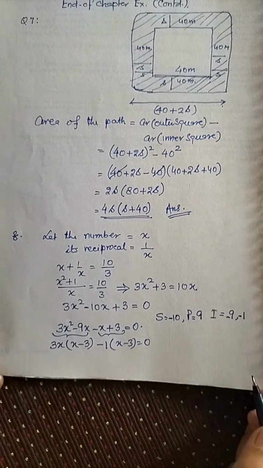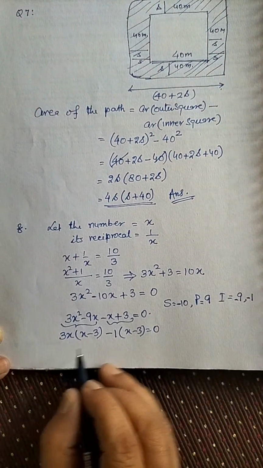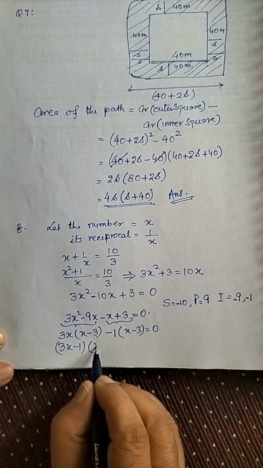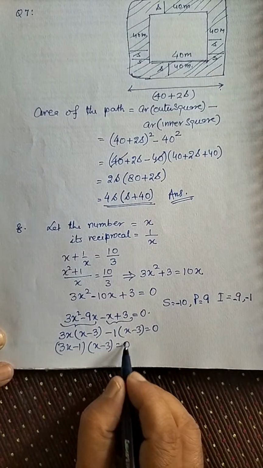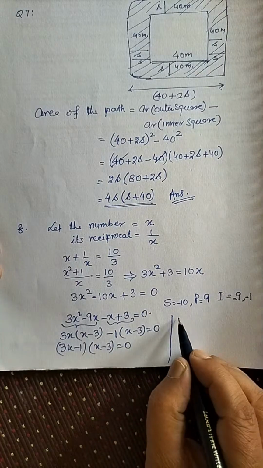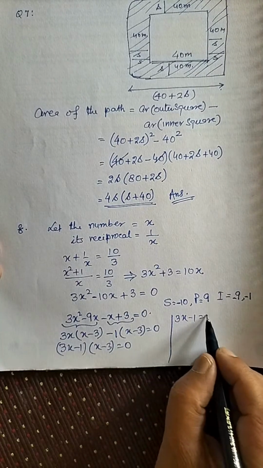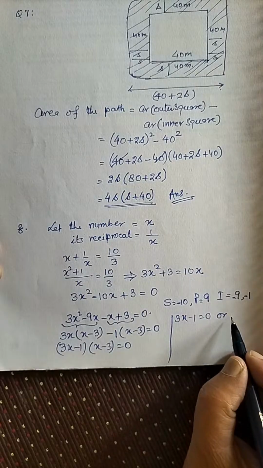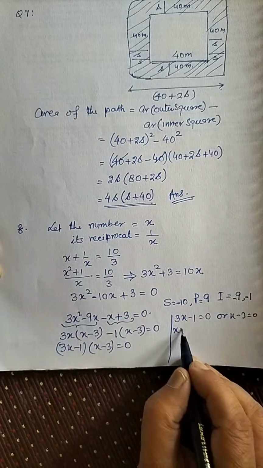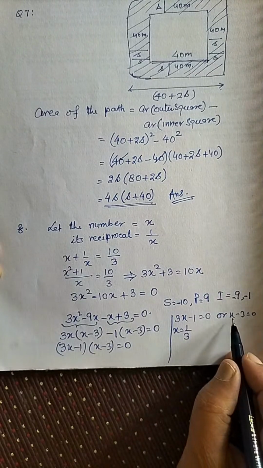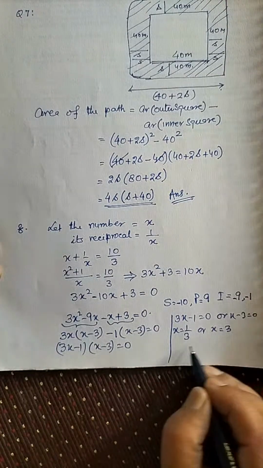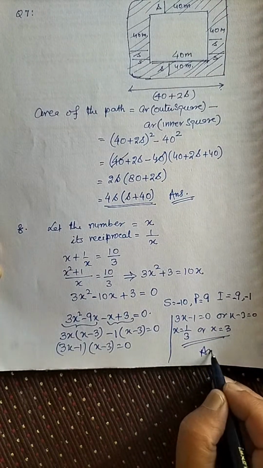This will further give you (3x minus 1) times (x minus 3) equals 0. The product of these two is 0, implies that either 3x minus 1 is 0 or x minus 3 is 0. If 3x minus 1 is 0, then x equals 1 by 3. And if x minus 3 is 0, then x equals 3. So this is your answer.